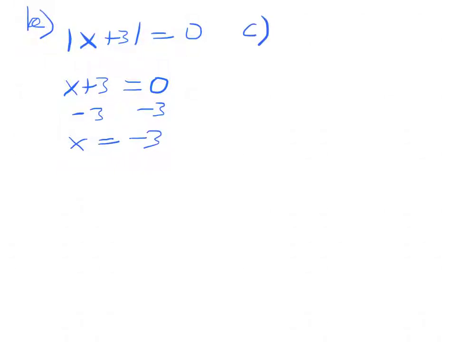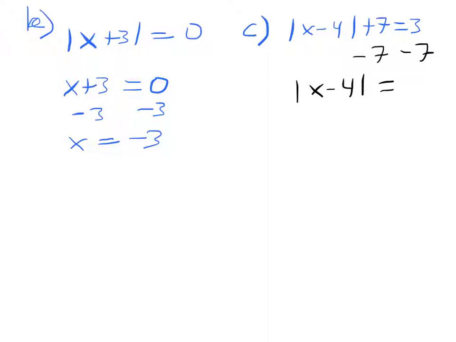The other thing you have to watch out for is this, the absolute value of x minus 4 plus 7 is equal to 3. So I would subtract 7, and I would say the absolute value of x minus 4 is equal to negative 4. Now you have to stop there. Think about it for a minute.